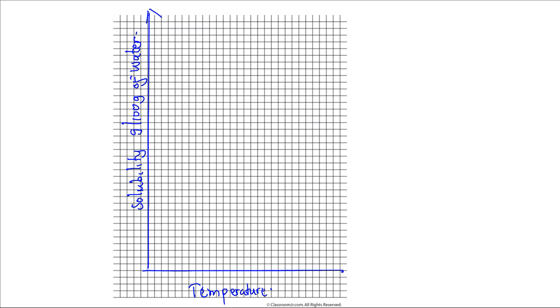So in the x-axis we can have 10, 20, 30, 40, 50, and then 60, and that is in degrees Celsius.